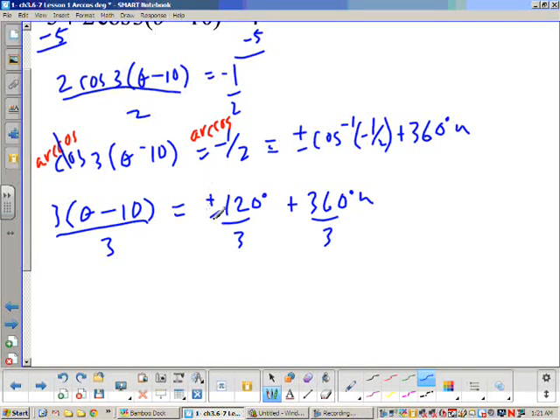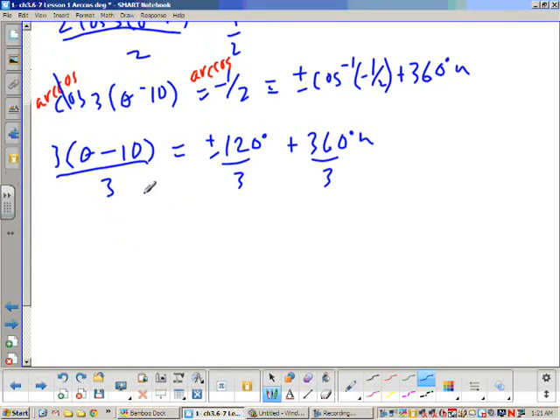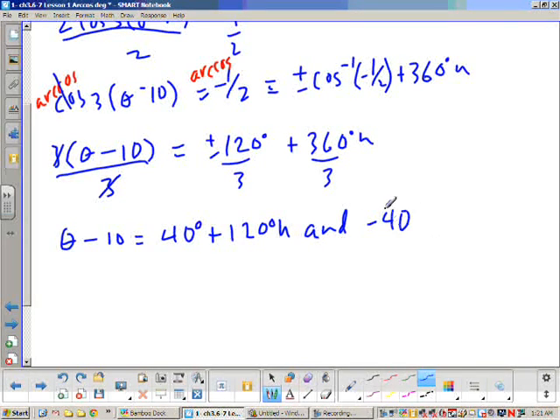And I'm going to separate the plus and minus here because when we undo the minus 10, it's going to have an effect that we've got to be careful about. So if this cancels out, I get theta minus 10 equals a positive 120 over 3, which is 40 degrees, plus the period 360 over 3, 120n, and we get another value, negative 40 degrees, negative 120 over 3, plus 120 degrees n.